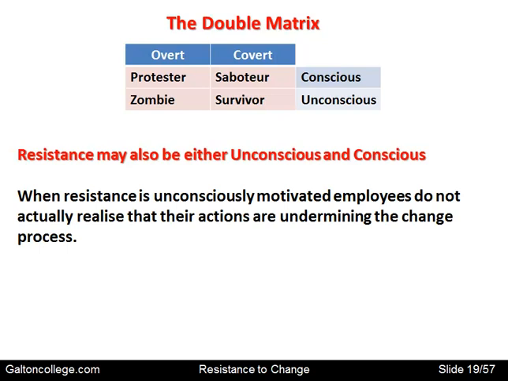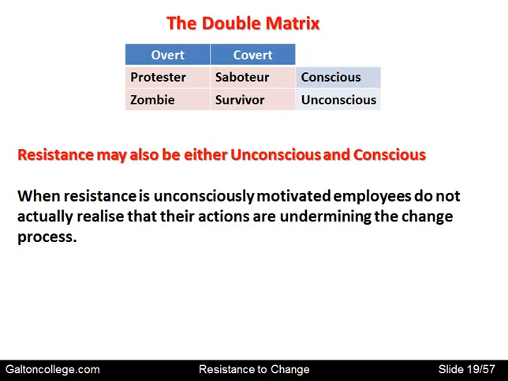Now, unconscious and conscious. When resistance is unconsciously motivated, employees do not actually realize that their actions are undermining the change process. Undermining the change process means that they are not committed to it, but they're not quite sure why they're not committed to it.